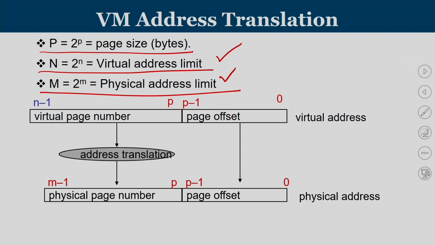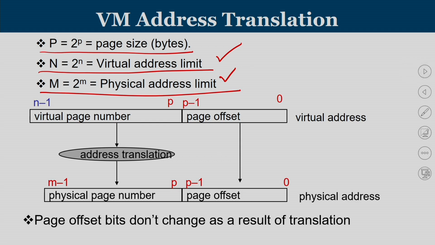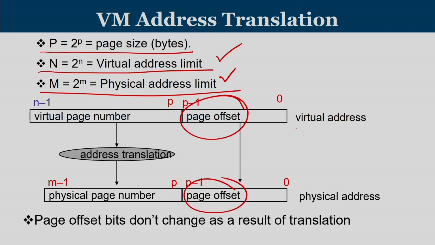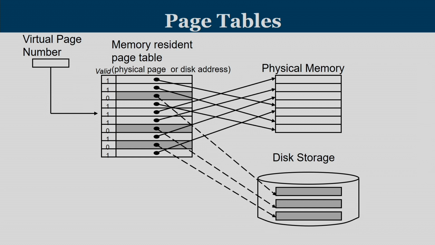So you have a translation logic, but we have to understand that during this translation, the offset portion is not going to be affected. The offset of the virtual address and the offset of the physical address are the same. So essentially, translation is a process wherein the virtual page number is converted to the physical page number. This is how it looks. You have virtual page numbers.